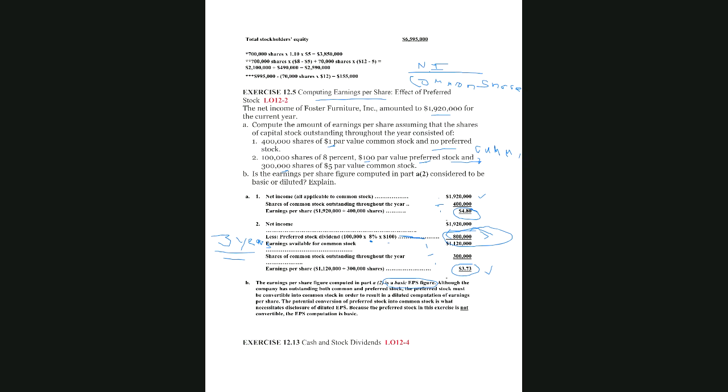And remember, if you have a disposed segment of business, you're always going to show earnings per share for the continuing net income and also for the net income, that last net income. And most likely it'll be supplied for the discontinued operations as well. So keep that in mind, a little bit of a recap.